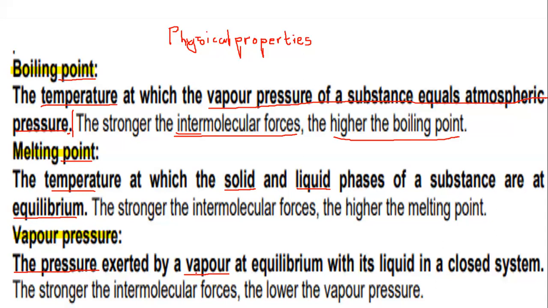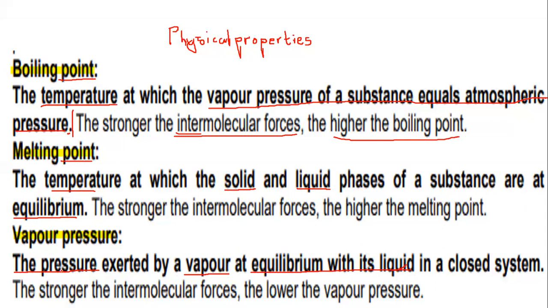So you know the first part of the definition: it is the pressure exerted by a vapor at equilibrium with its liquid. Now, why is it with the liquid? We know when vapor forms, it is because a substance is actually changing its state from a liquid to a gas, or liquid to a vapor.